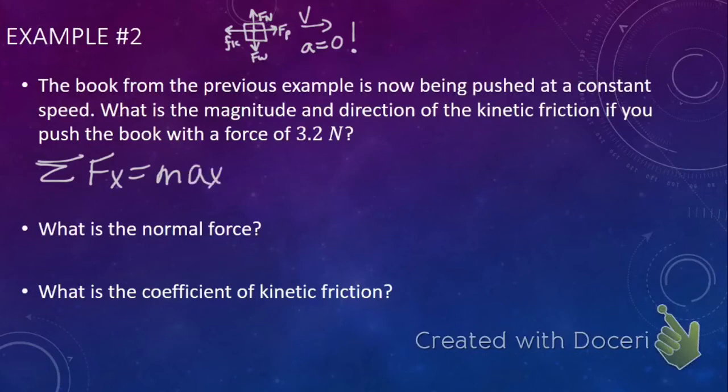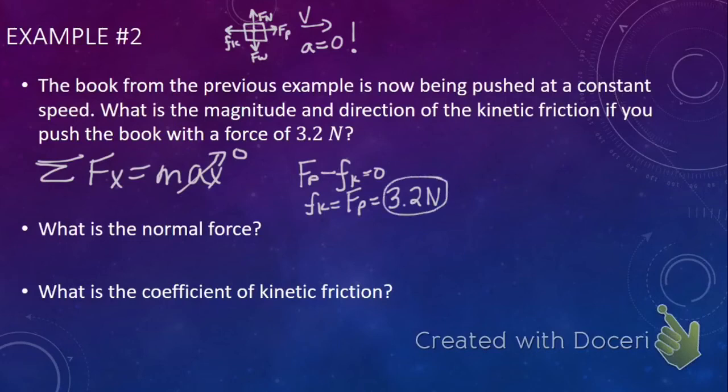We already established no acceleration, so this term is equal to 0. As a result, in our x direction, we have the force of the push minus our kinetic friction is equal to 0. So our kinetic friction is equal to the push, which we established was 3.2 newtons. And that's already our answer for part A.